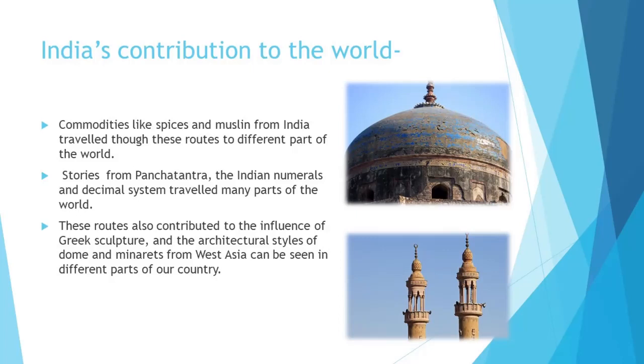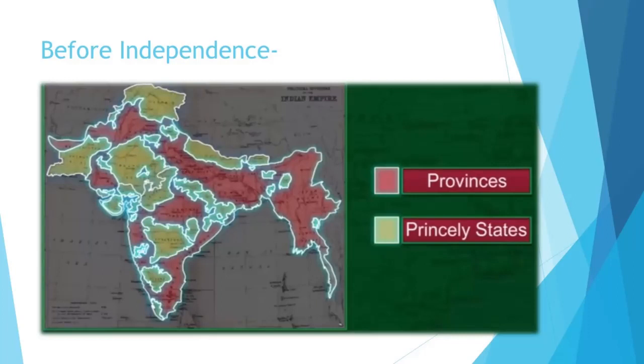Now, let's study India's neighbors. Before independence, India had two types of states, provinces and princely states. While provinces were ruled by British viceroys, the princely states were ruled by local rulers.